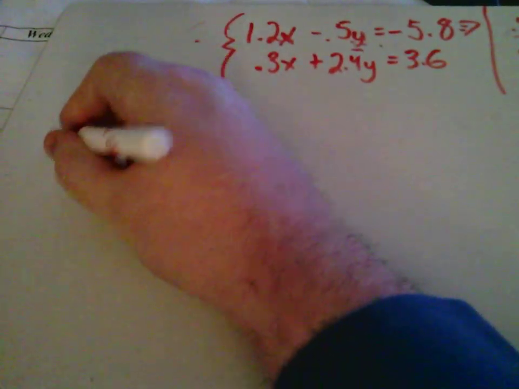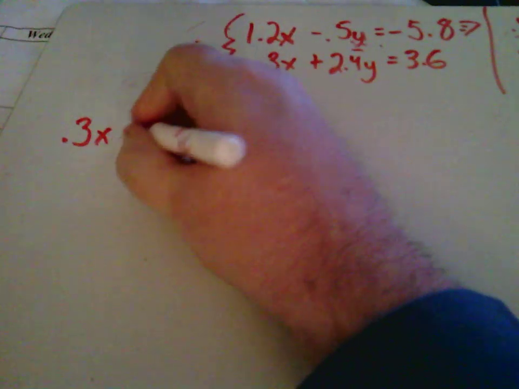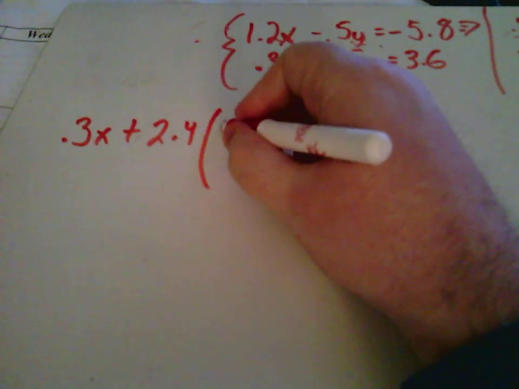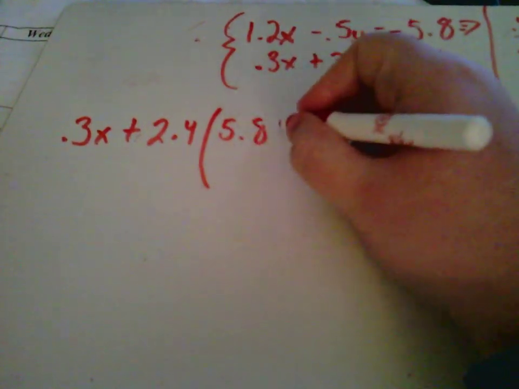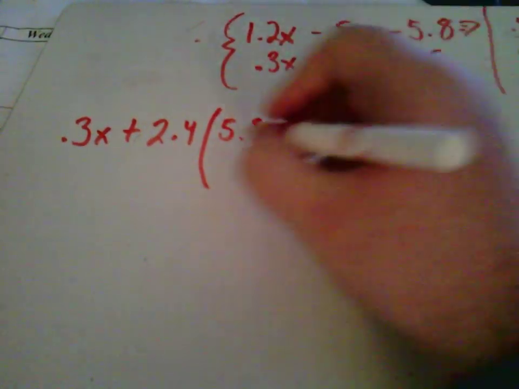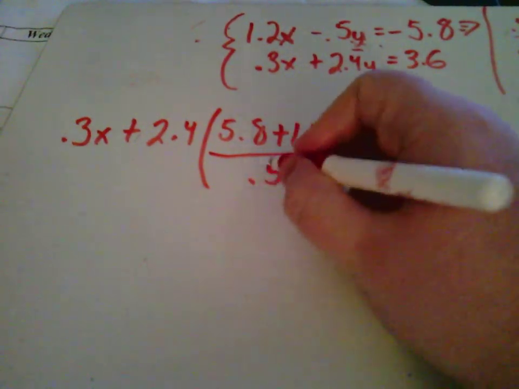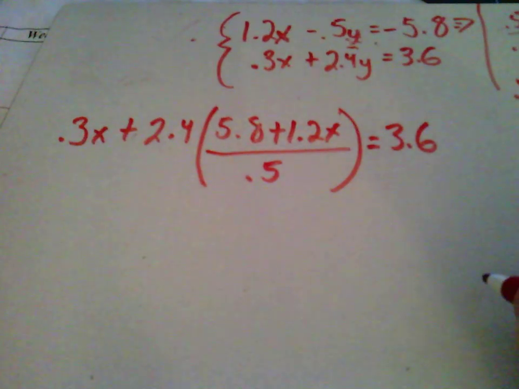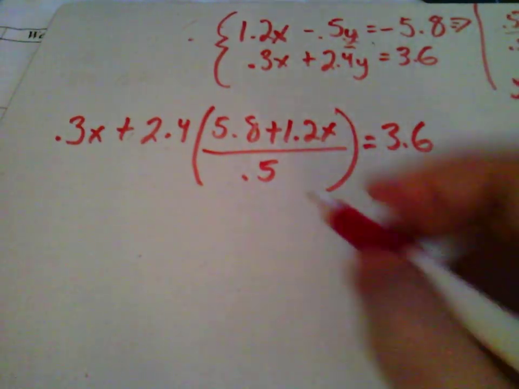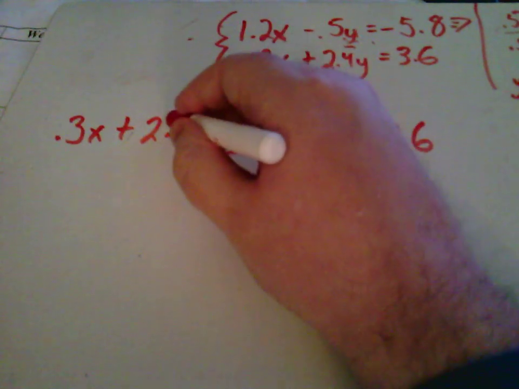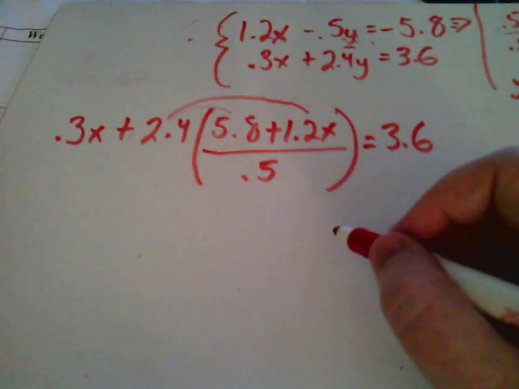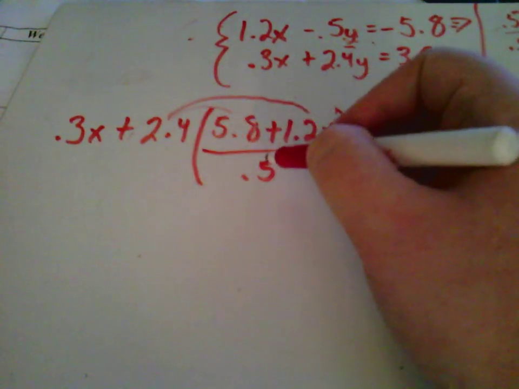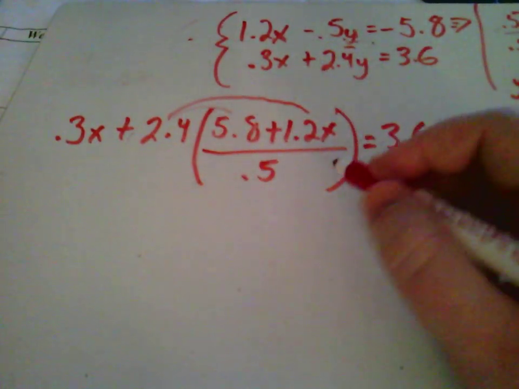That gives us 0.3x plus 2.4 times, plugging in for y, 5.8 plus 1.2x, all divided by 0.5, equals 3.6. Okay, let's distribute 2.4 to everything on the interior here. Remember, when you're multiplying this through, you're not going to distribute it to the denominator of this fraction, just to the numerators.